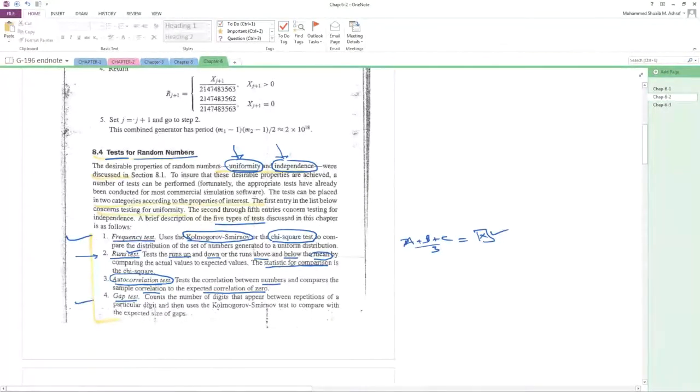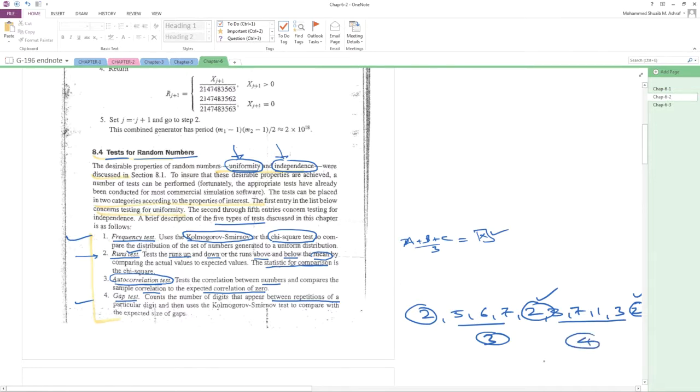Next is the gap test. The gap test counts the number of digits that appear between repetitions. For example, 2, 5, 6, 7, 2, 8, 7, 1, 3, 2. So this is 2, and this is 2. How many digits in between? Three digits here. The other 2, this is also 2. How many digits? Four digits.